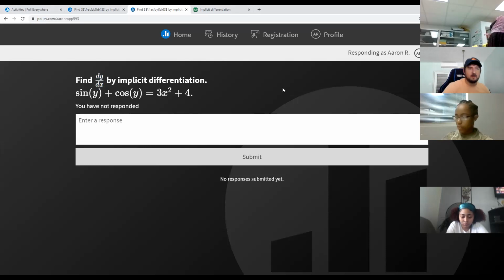And with implicit differentiation, when we're mixing our variables, the chain rule applies here.